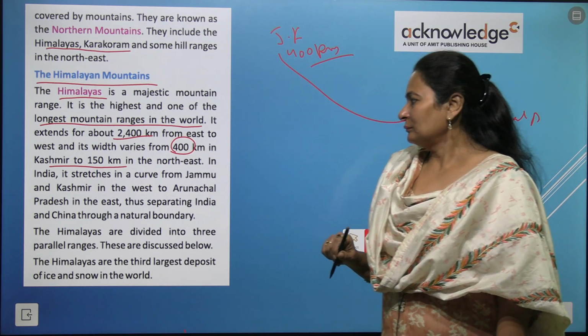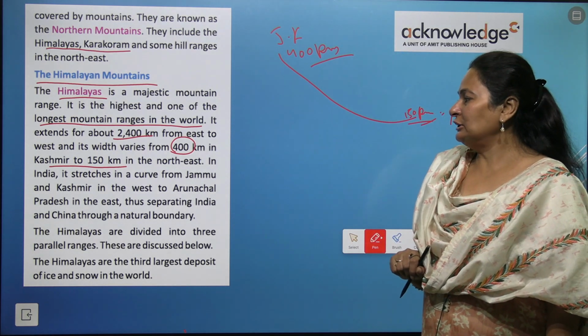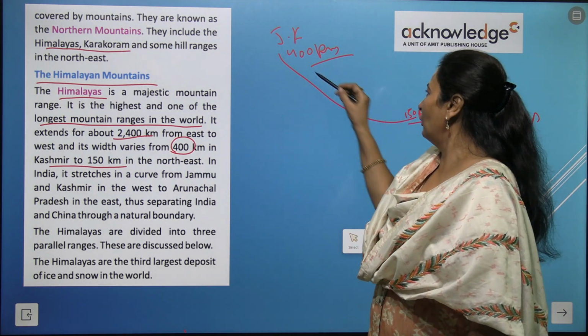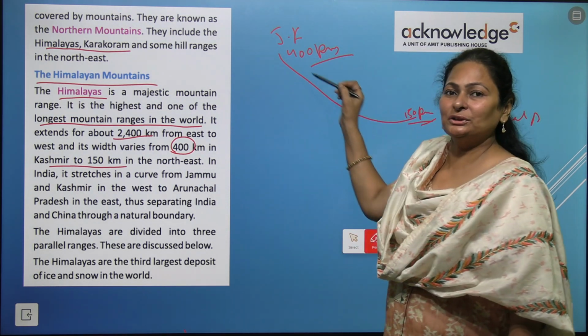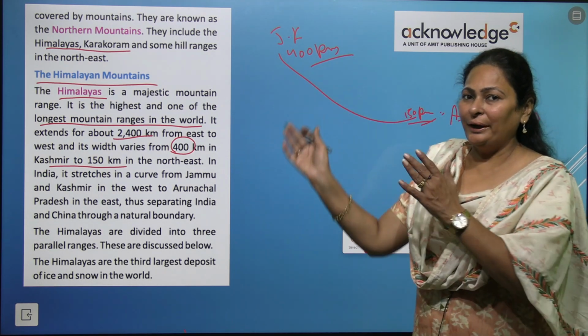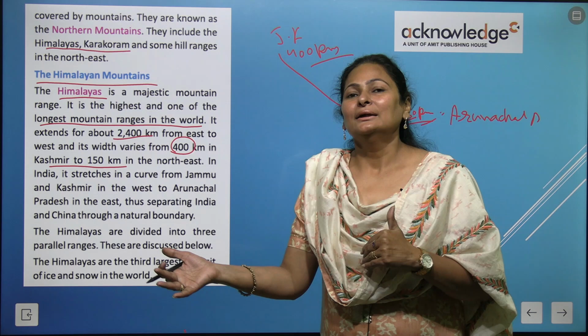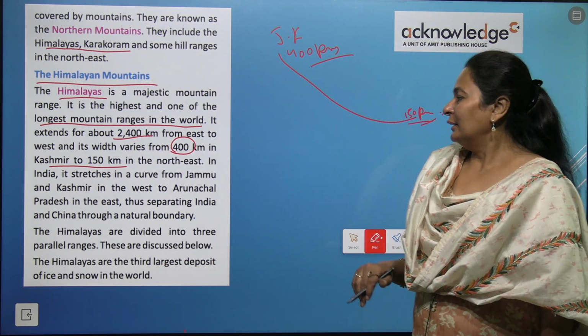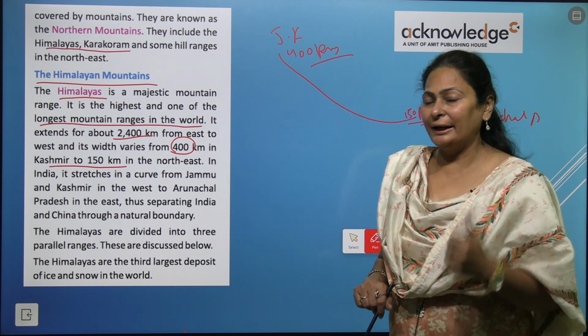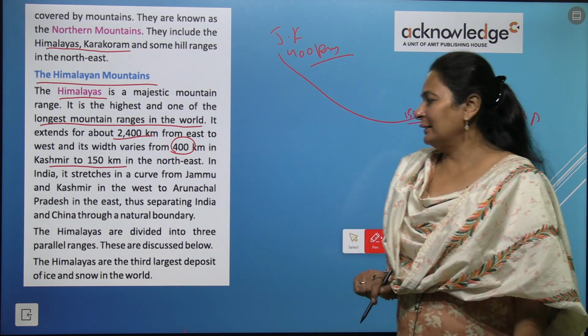Thus, it separates India and China through a natural boundary. It forms the natural border, and it separates India from China, right? The Himalayas are divided into 3 parallel ranges. These are discussed below.